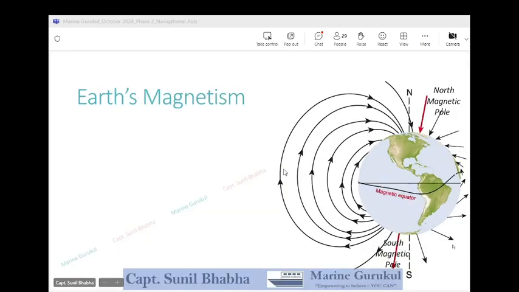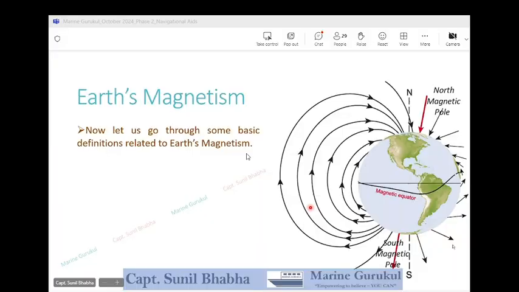We can now see another diagram showing us the magnetic field lines of the Earth. Now, a very important aspect of these magnetic field lines is the angle at which they cut the Earth surface. We are aware that the south magnetic pole of the Earth has a red polarity and all magnetic field lines come out of it.